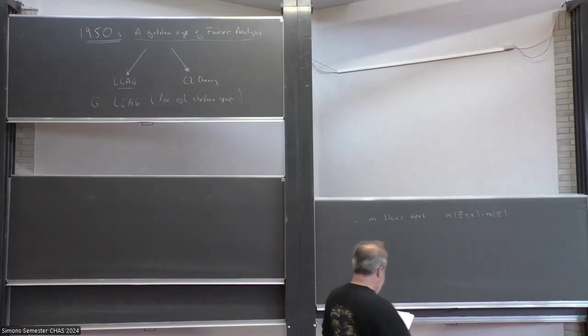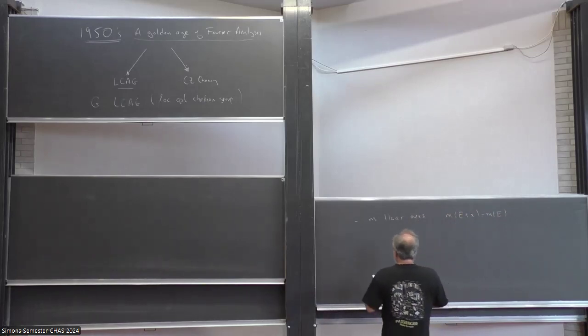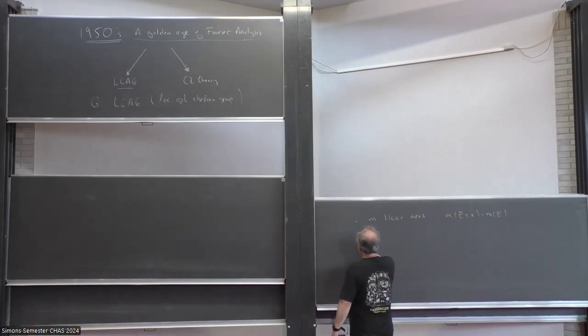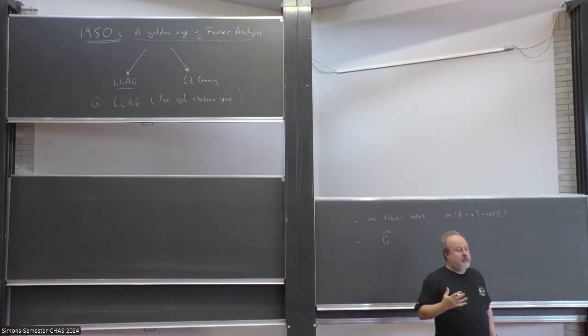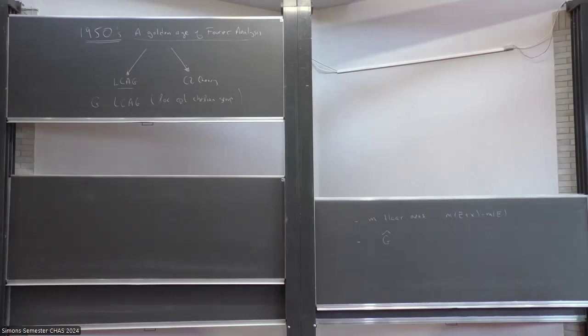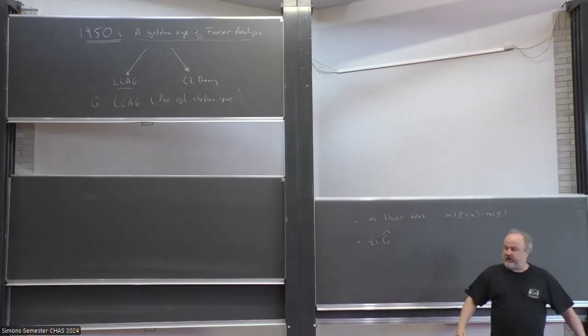Now the other key ingredient here is the dual group, the Fourier dual group. So I start with a locally compact abelian group, and I form another locally compact abelian group. Its elements, I'm going to call these gamma. So you think of these as cosines and sines at different frequencies.